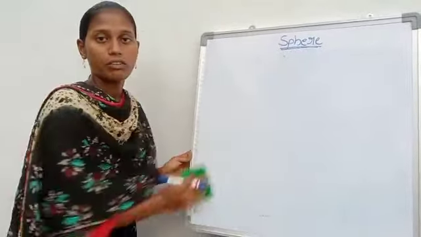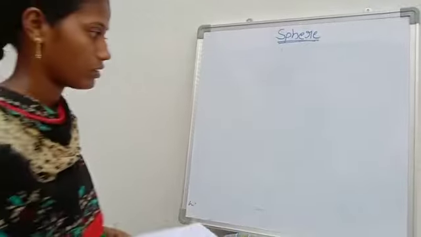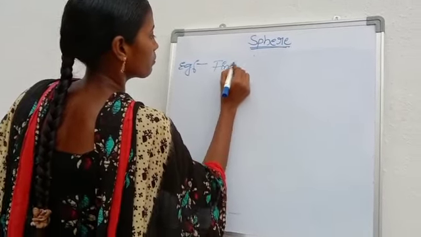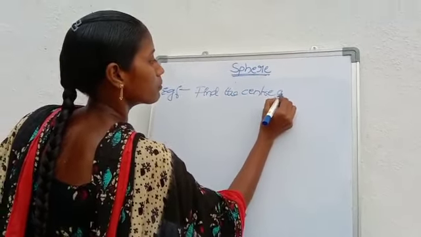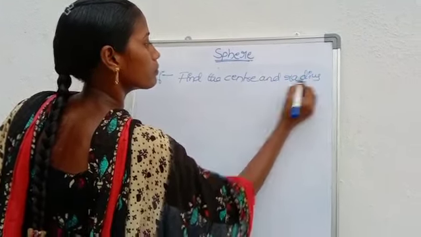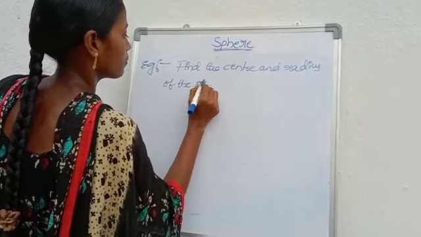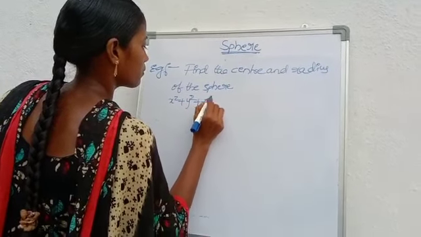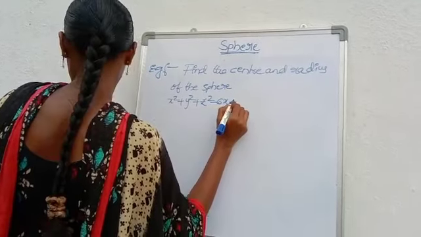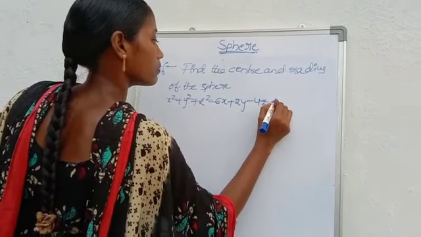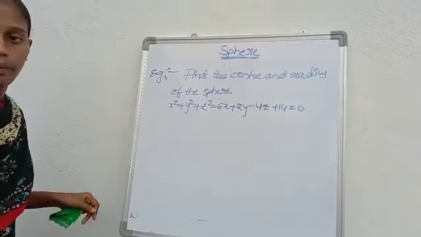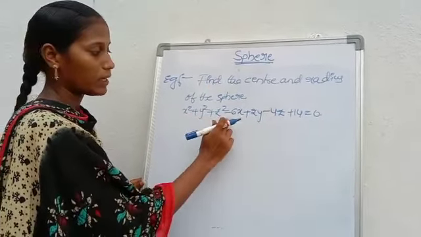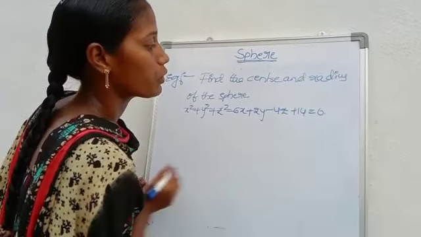For better understanding, we will do one example. Find the center and radius of the sphere x square plus y square plus z square minus 6x plus 2y minus 4z plus 14 equals 0.